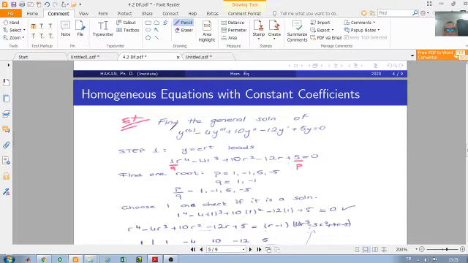For example, let's find the general solution of this differential equation.